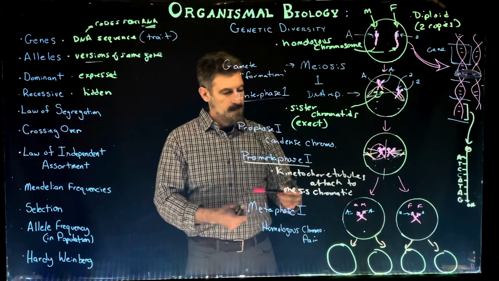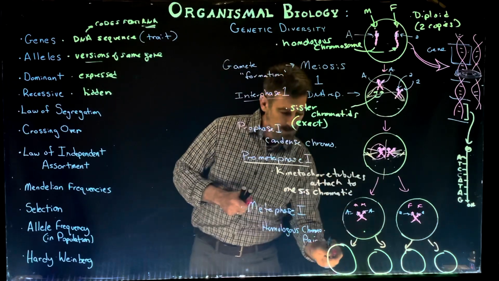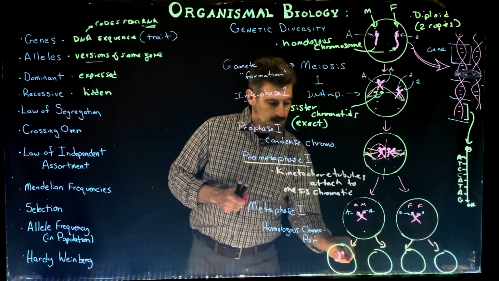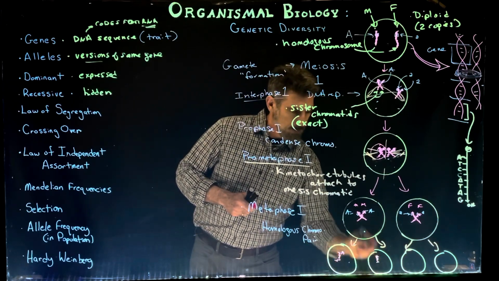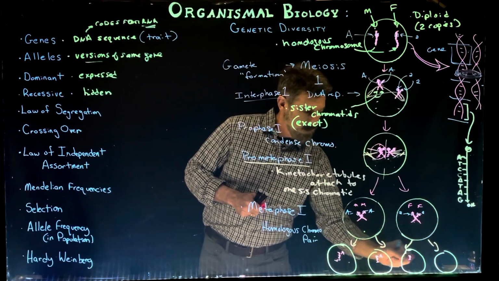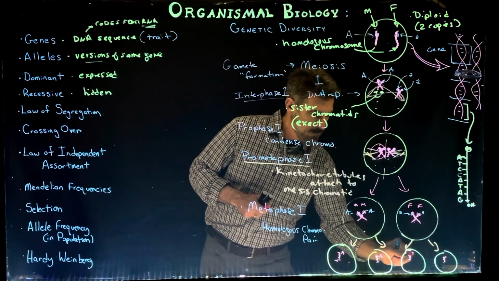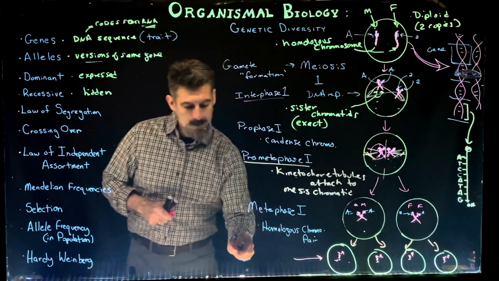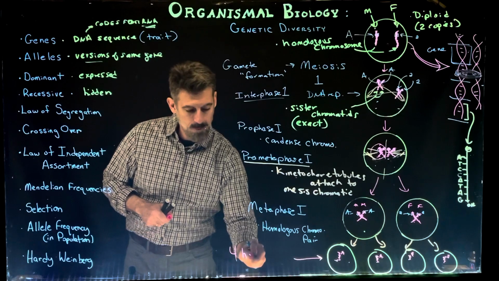And then this single chromosome will go here, this one will be over here, and then this one and this one. And you'll end up with 4 haploid cells.